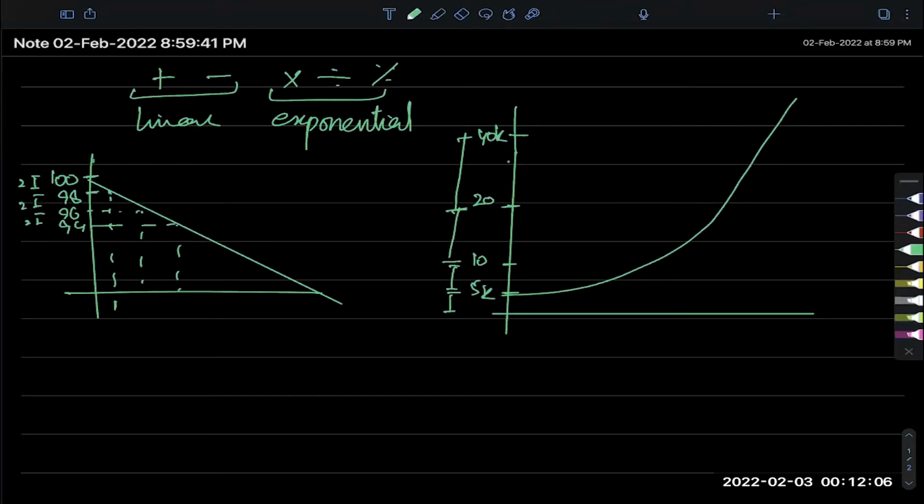So here's the thing. The linear factor, the equation goes something like this: y equals mx plus b, or plus c. And in this one, you're going to get y equals a x power t. Okay?